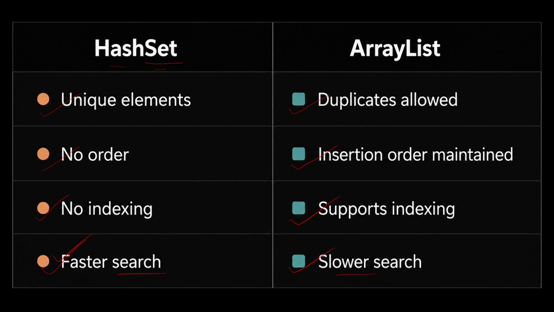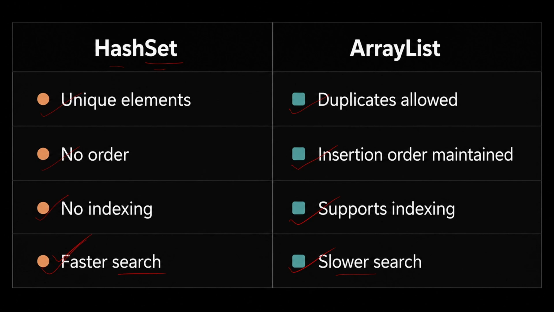So how will we make the decision on when to use HashSet and when to use ArrayList? If we know the properties of HashSet and ArrayList, and we know our requirement, then based on these parameters we can take decisions. If we want unique elements with faster performance, which implementation class will we choose?